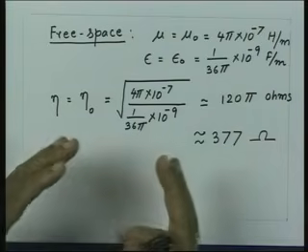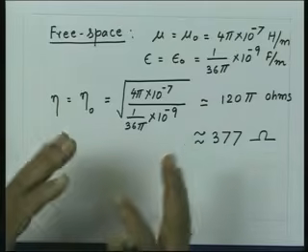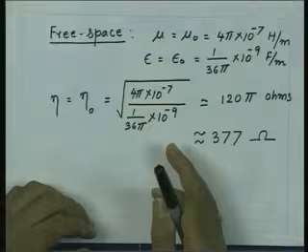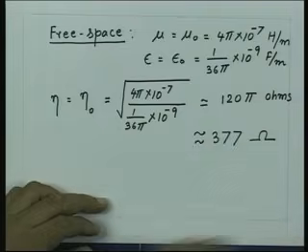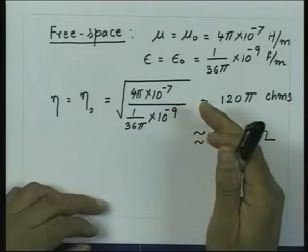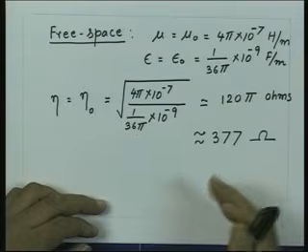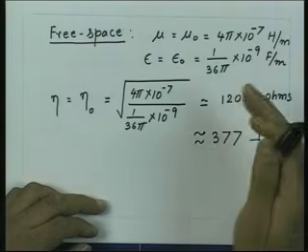So, as we use the terminology that a forward travelling wave always sees the characteristic impedance, we can say here also that a forward wave in this medium, unbound medium, always sees an impedance which is the intrinsic impedance of the medium, and that is for free space 377 ohms.